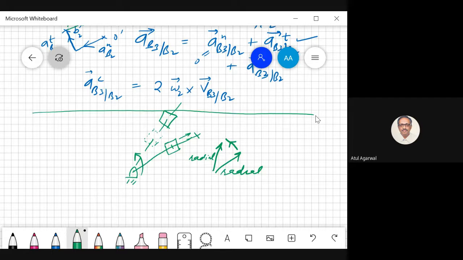There was no radial motion. Now there is change. Suppose the slider is moving outward with a constant velocity.